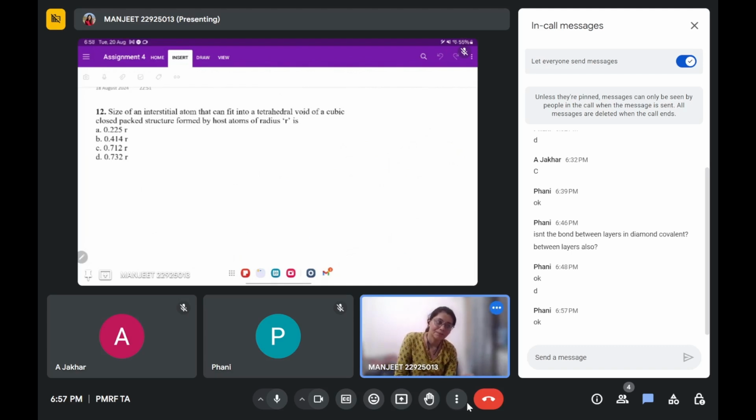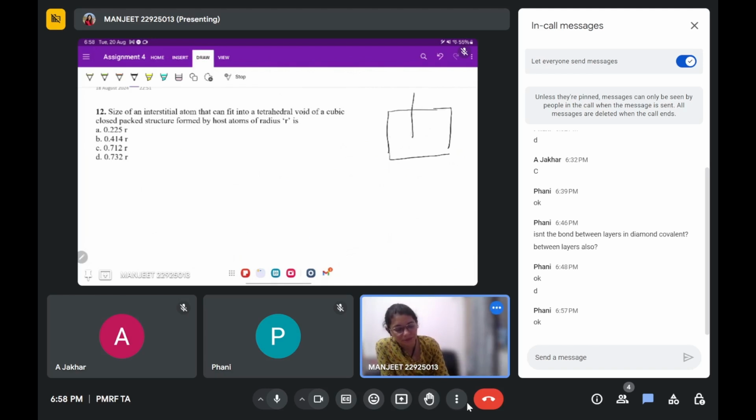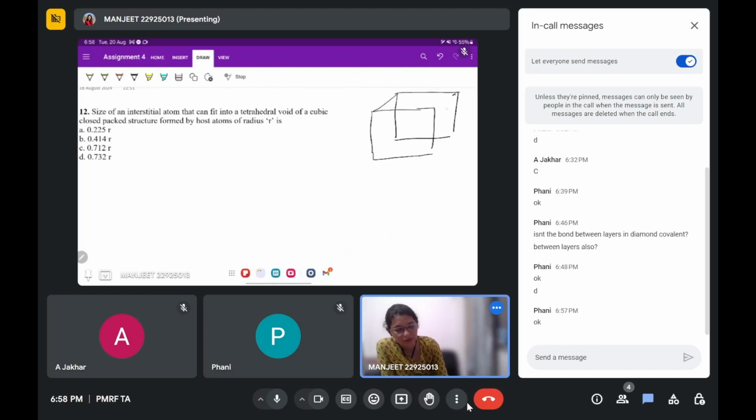If the host atom has a radius of r, what will be the size of that interstitial atom that can fit into the tetrahedral void? Let's say this is my closely packed structure, and it is having atoms whose radius is r.